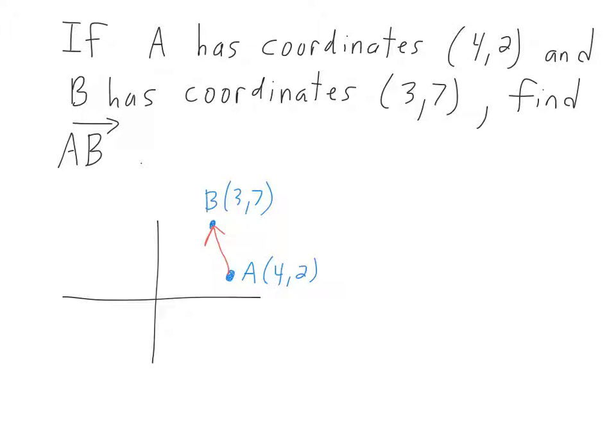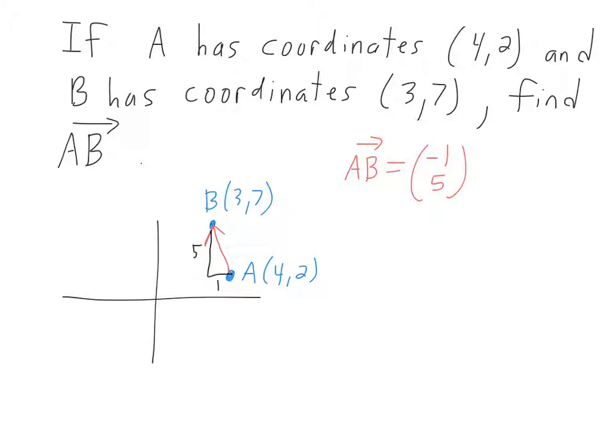Geometrically, we look at the x and the y component. The difference between the x values is 1, and the difference between the y values is 5. So our vector AB would be, well, we have to go to the left one, so that's -1 for the x component, and we have to go up 5, so that's +5 for the y component.